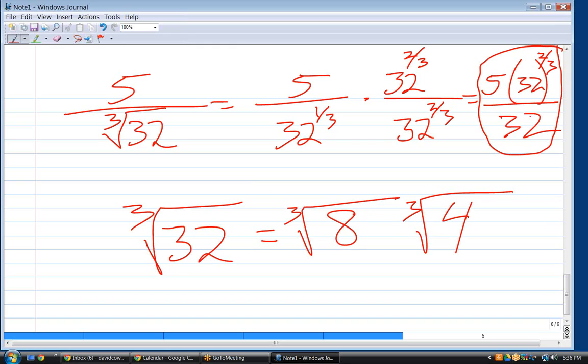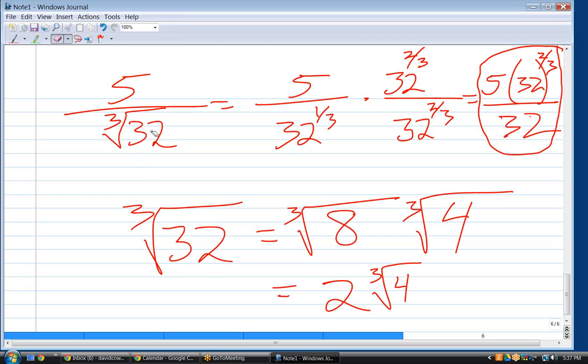What's the cube root of 8? 2. So this cube root of 32 becomes 2 times the cube root of 4. Now, I could do that first. I could change that into 2 cube root of 4, and then I'd only have to work with this cube root of 4 in order to rationalize it.